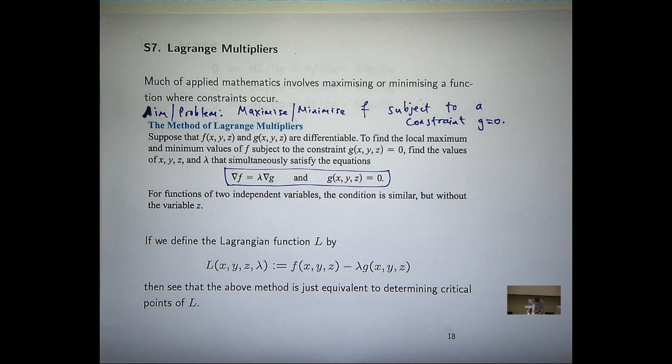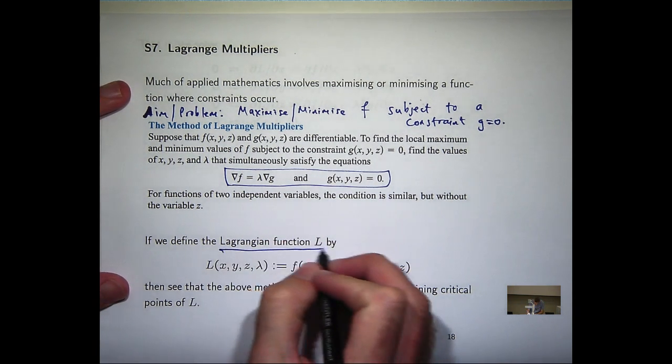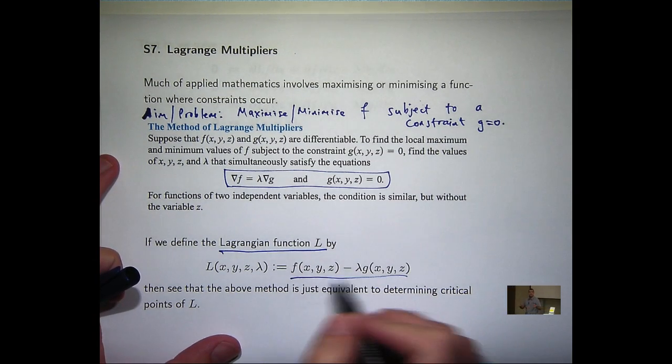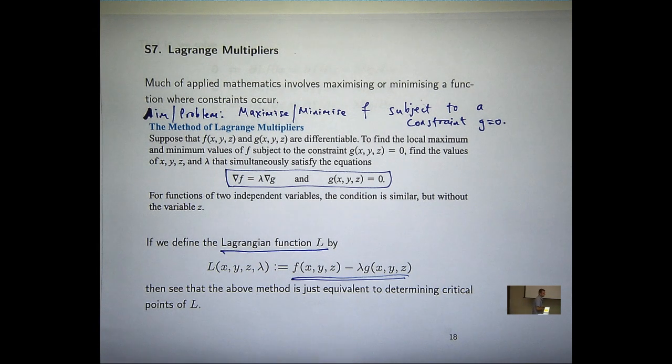Now, what I like to do is simplify the notation a bit. So I introduce a little bit of notation. I'm going to define the Lagrangian function, L, to be f minus lambda g.